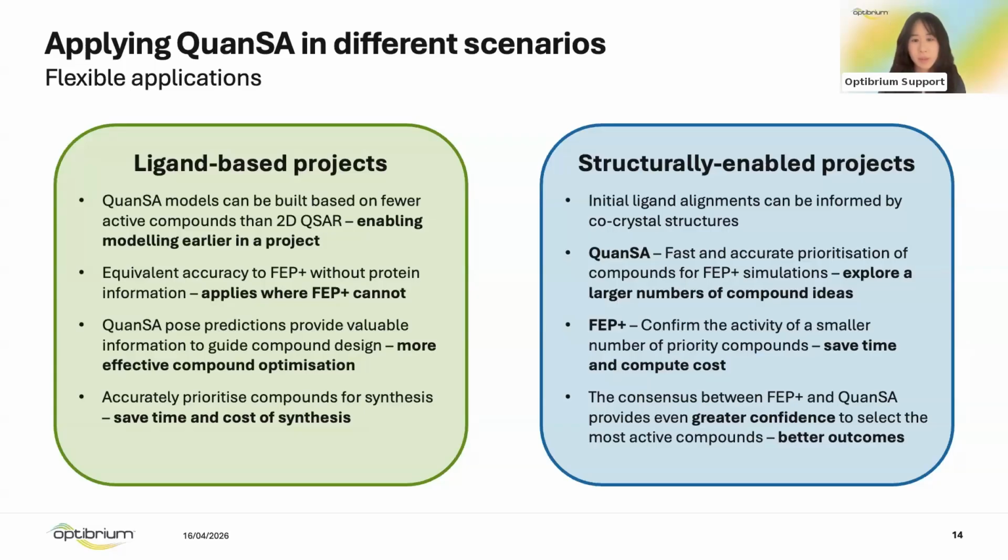Thank you. So the next question is, how does QuanSA understand where a group or atoms need to be extended without having a protein structure? For this, referring back to Kyle's presentation, he mentioned the placement of observer points.